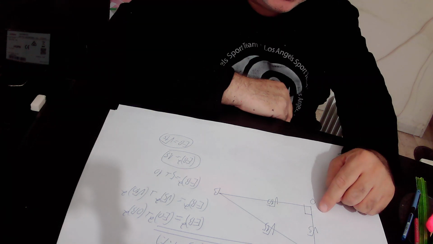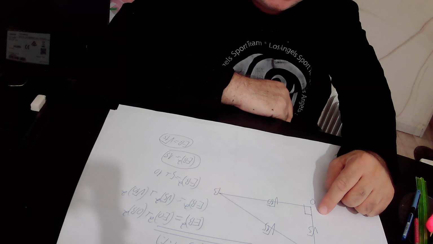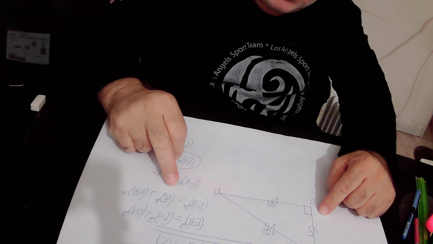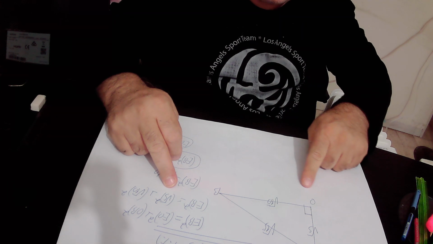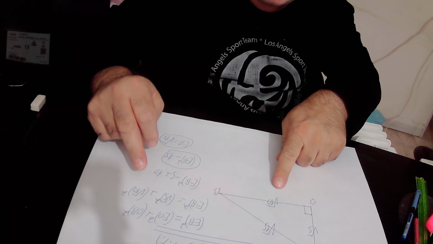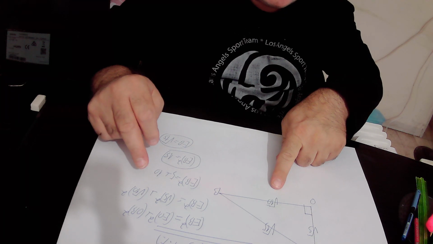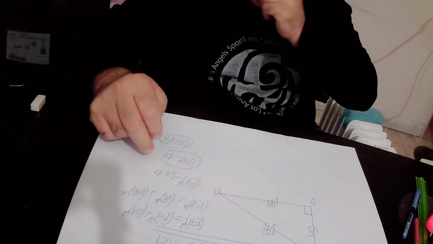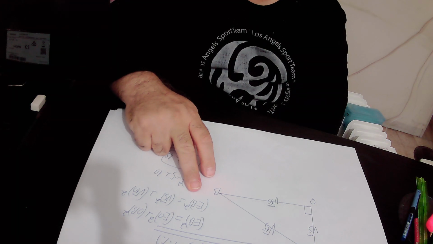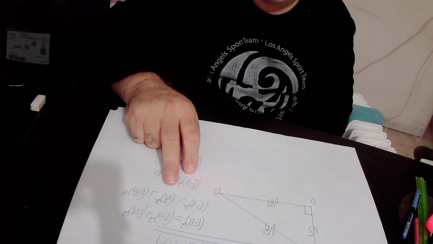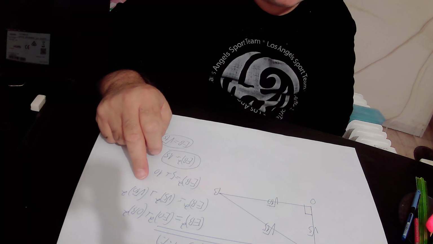We know that EO equals the square root of 5. Therefore, EO squared is the square root of 5 squared, plus OB squared. OB equals the square root of 10. Therefore, OB squared equals the square root of 10 squared. In conclusion, EB squared equals the square root of 5 squared plus the square root of 10 squared.